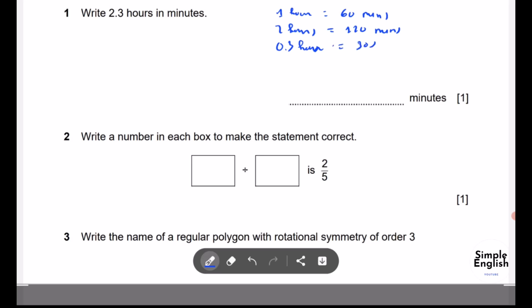It means 30%, right? 30% of 1 hour means 30 minutes, so it's equal to 18 minutes. So this one is the answer. And so 2.3 hours in minutes is 138, right? This one and this one.